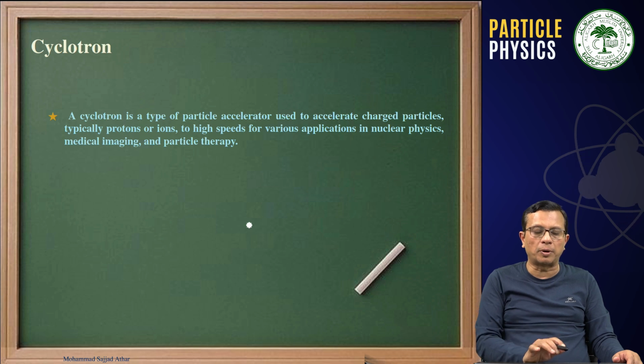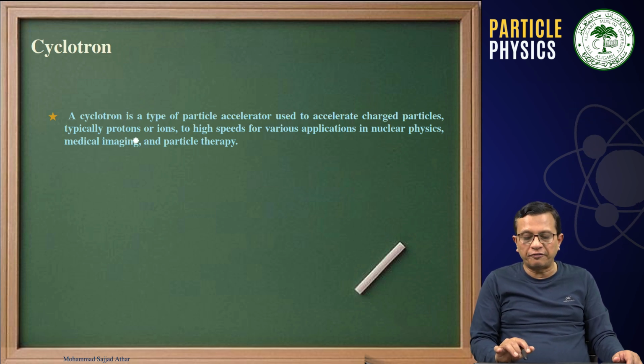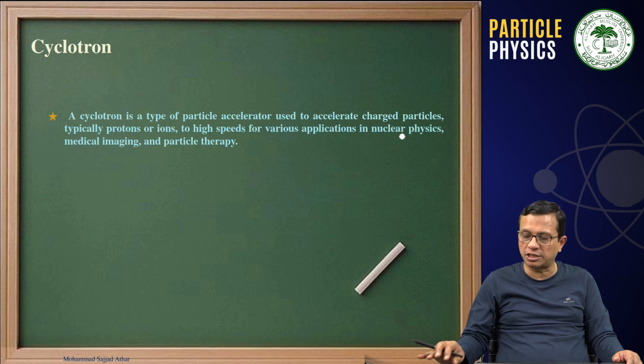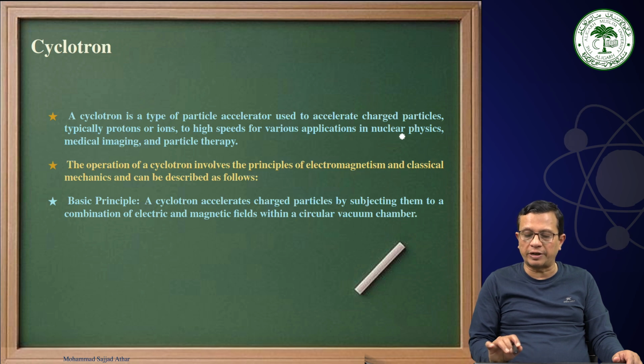Now let us talk about the cyclotron. A cyclotron is a type of particle accelerator used to accelerate charged particles, typically protons or ions, to high speed for various applications in nuclear physics, medical imaging, and particle therapy. The operation of a cyclotron involves the principles of electromagnetism and classical mechanics and can be described as follows.